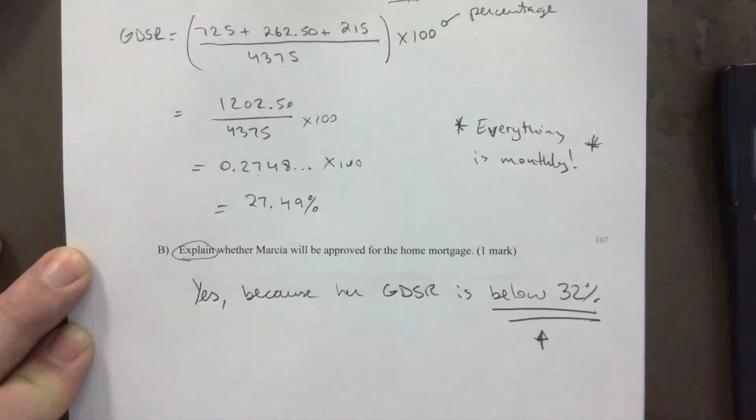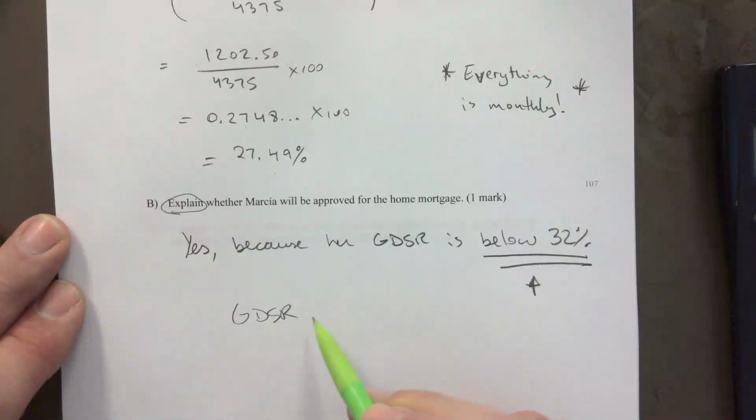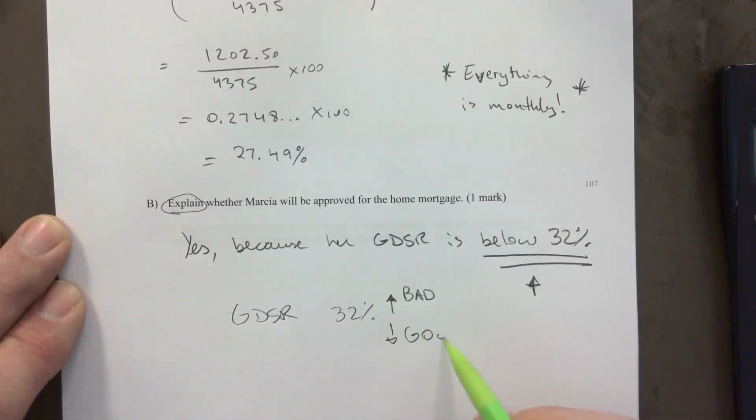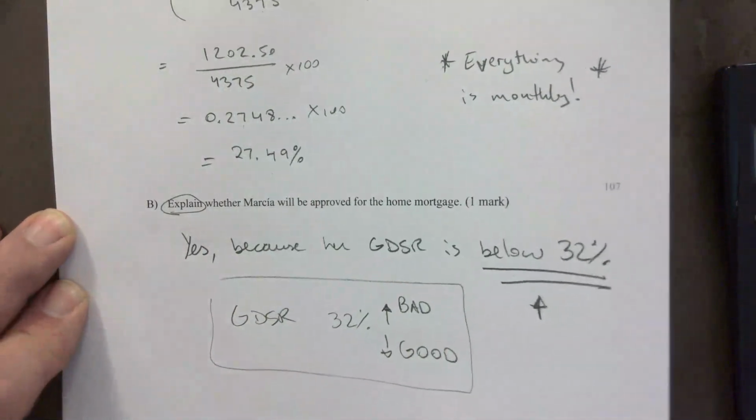Okay, very important. So on your study sheet, you could say GDSR, if it's above 32%, it's bad. If it's below 32%, that's good. You will be approved. So maybe you want to have this next to the GDSR on your formula study sheet. Keep going.